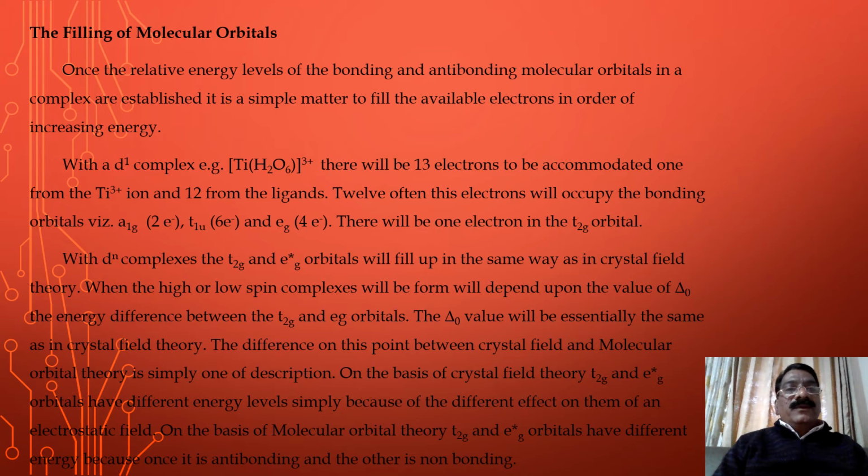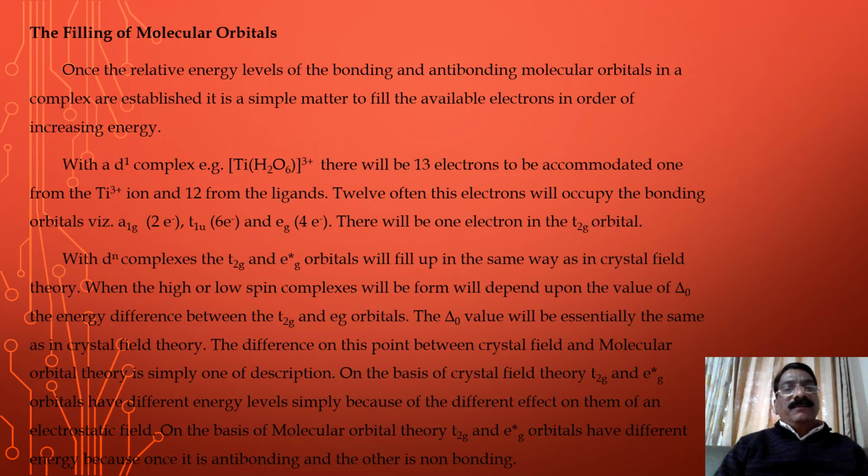Filling of molecular orbitals. Once the relative energy levels of the bonding and antibonding molecular orbitals in the complex are established, it is a simple matter to fill the available electrons in order of increasing energy.